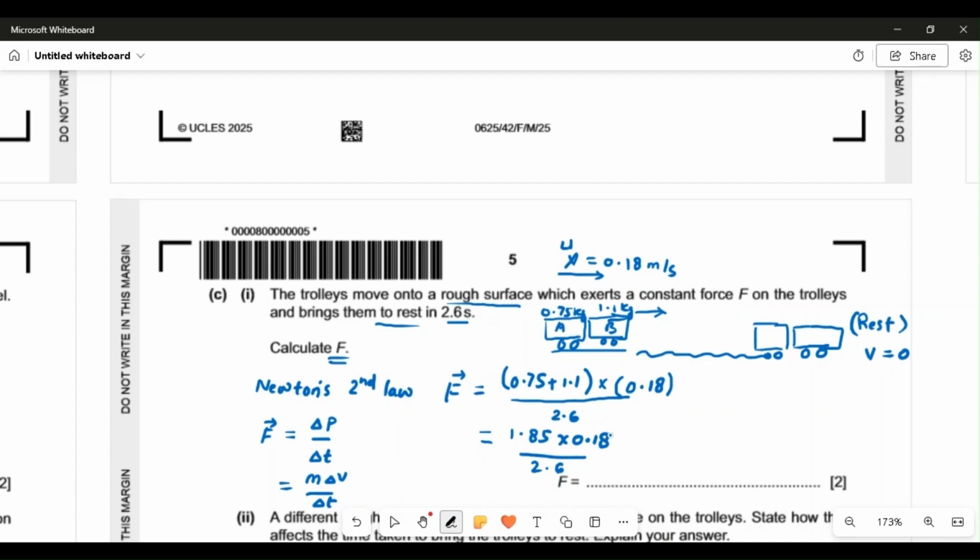So force is 0.129, and to two significant figures I can say the resistive force is 0.13 Newton. It is in the opposite direction of the motion because this is a resistive force.